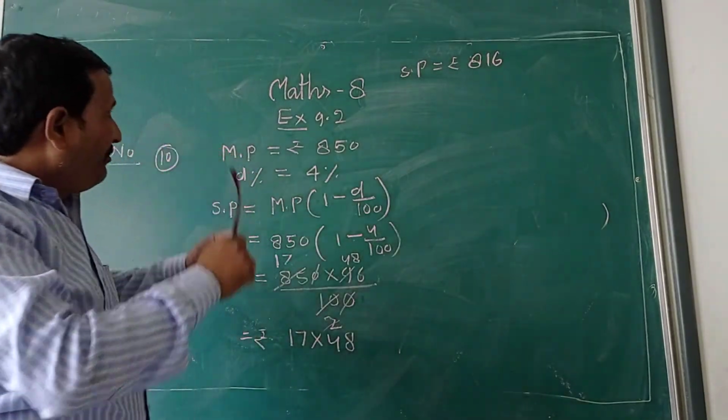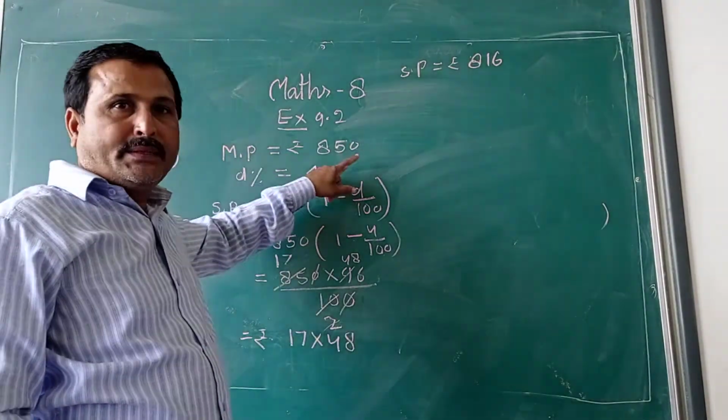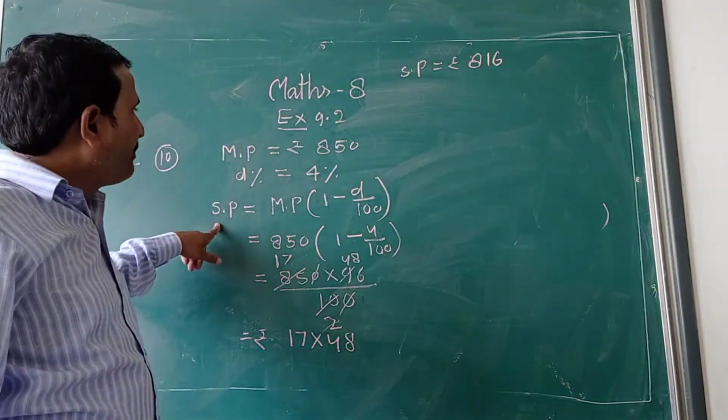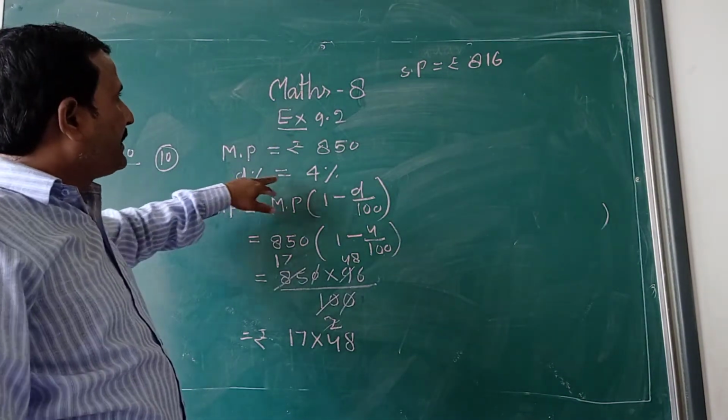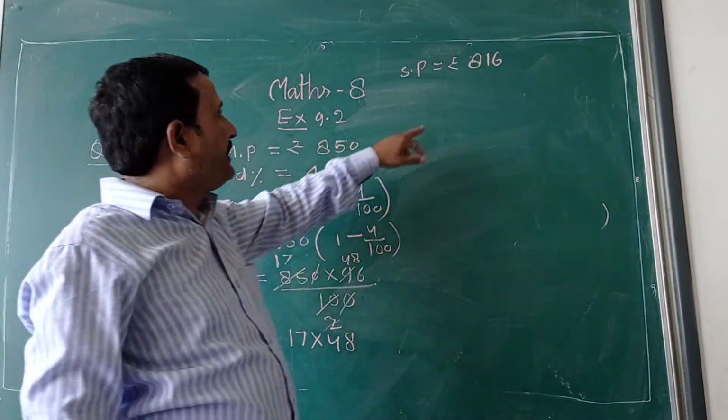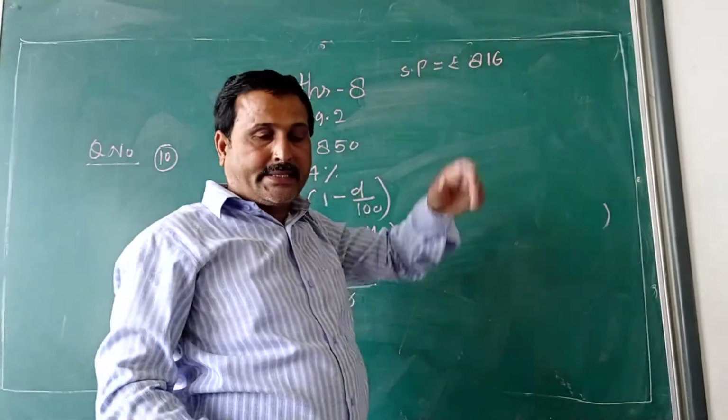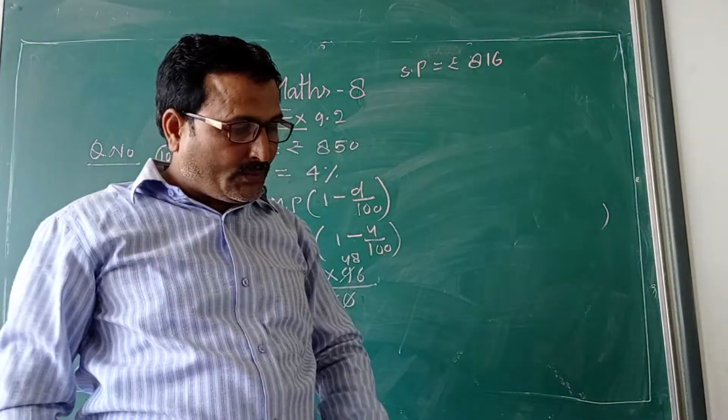See that the marked price is 850 rupees. The selling price after giving 4% discount is coming rupees 816. What is the question asking?